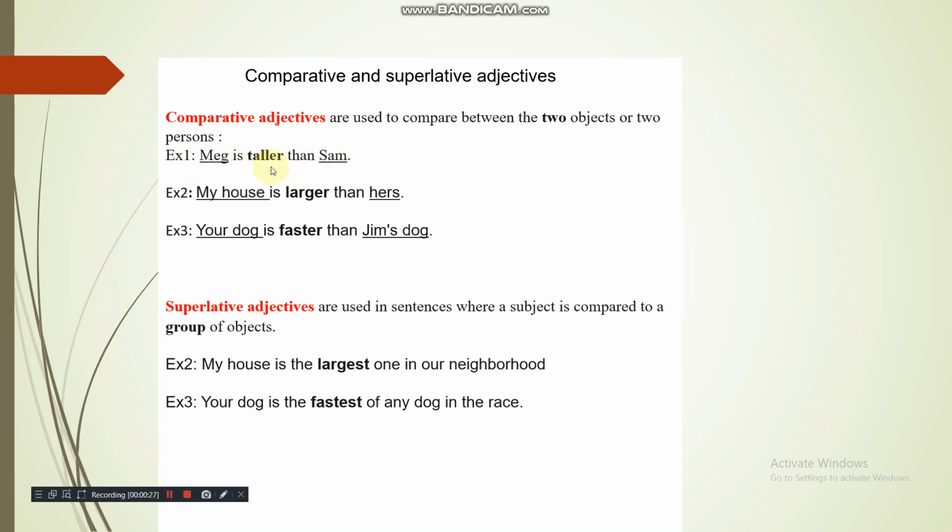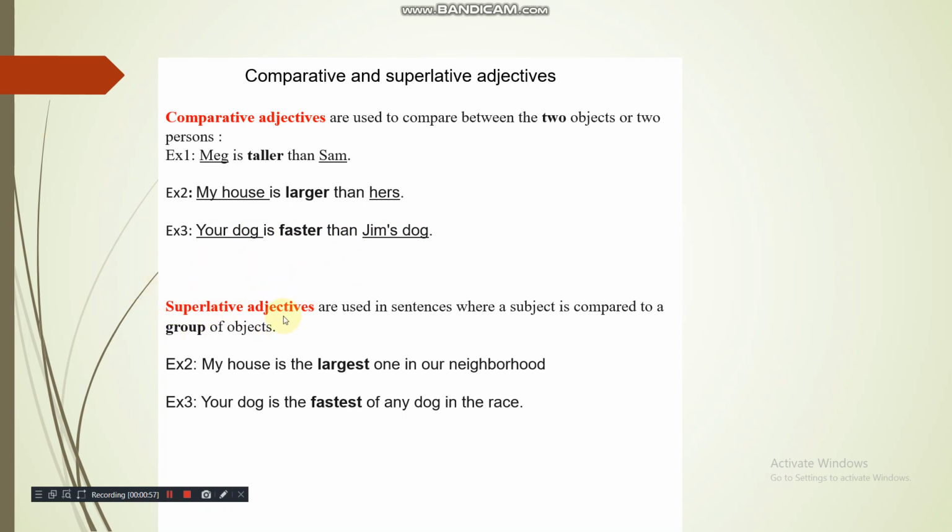Okay, and the adjective was tall, and we add er to the adjective, so it becomes comparative adjectives. And here we compared between two persons, Meg and Sam. Example 2, my house is larger than hers. Example 3, your dog is faster than Jim's dog.